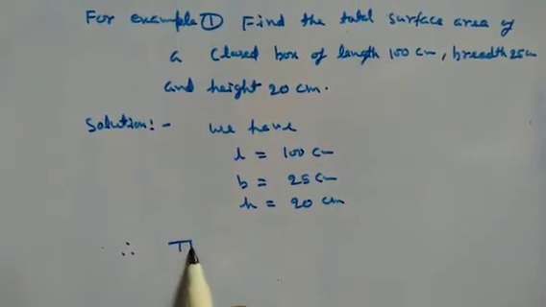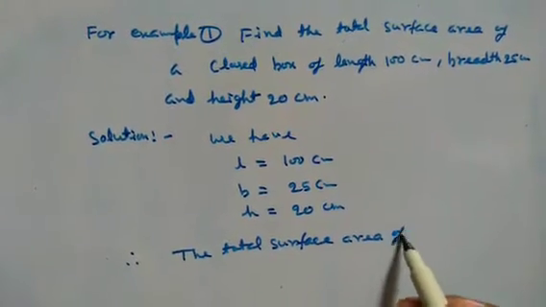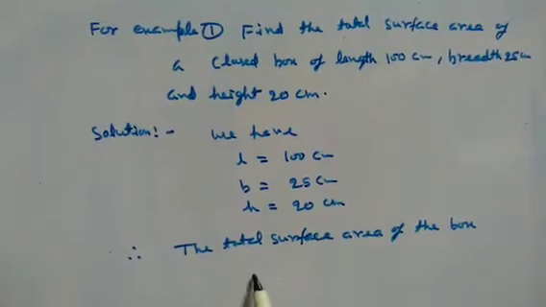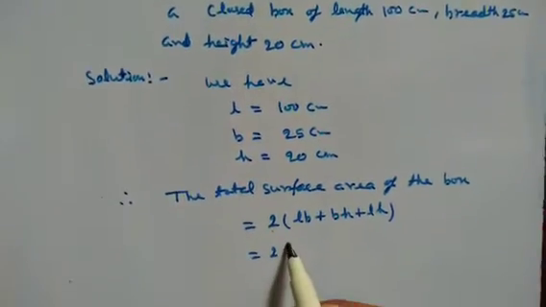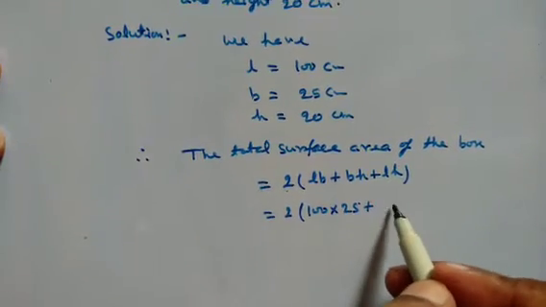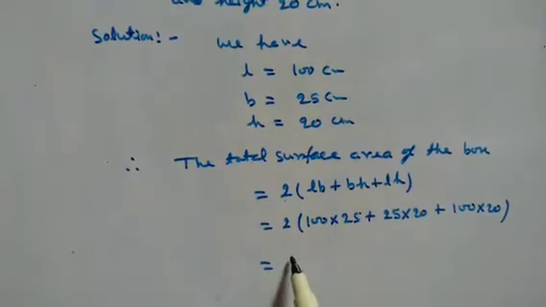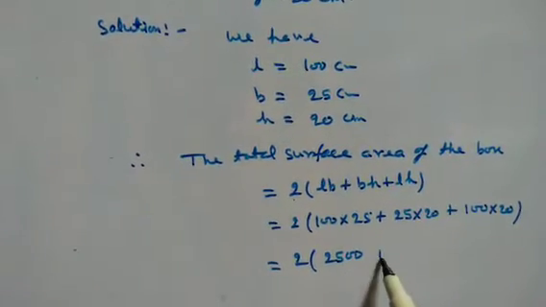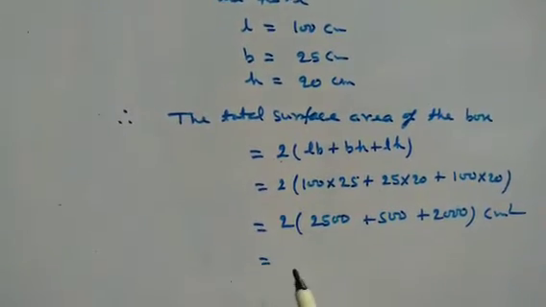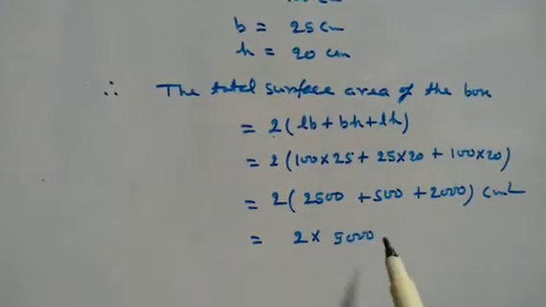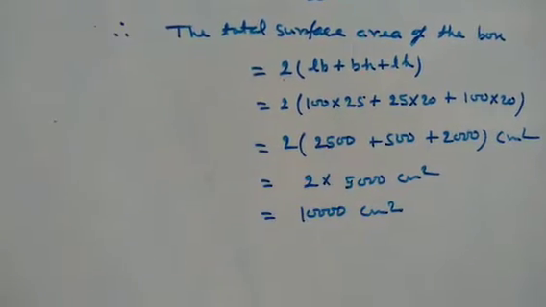So the total surface area of the box is equal to 2 into LB plus BH plus LH, equal to 2 into 100 into 25 plus 25 into 20 plus 100 into 20, equal to 2 into 2500 plus 500 plus 2000 centimeter square, equal to 2 into 5000 centimeter square, equal to 10,000 centimeter square. This is our answer.